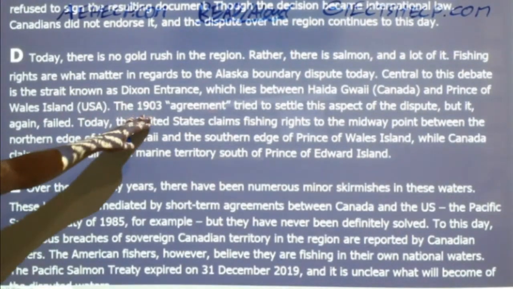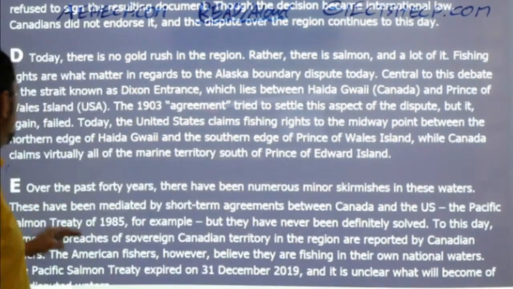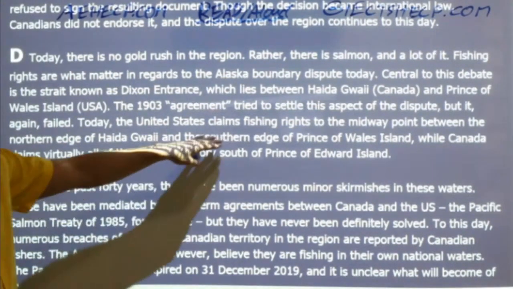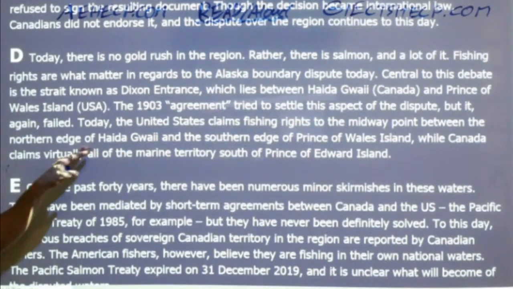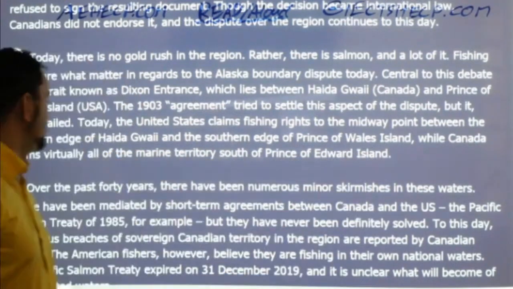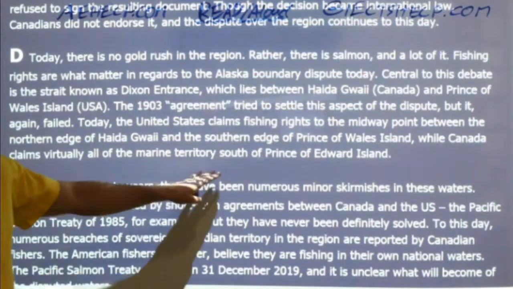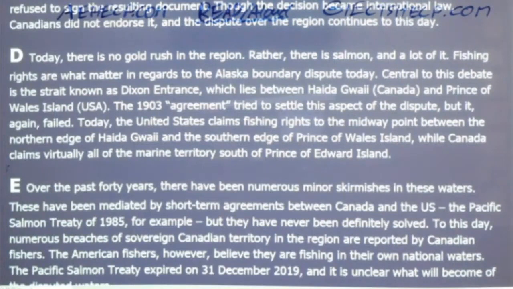The 1903 agreement tried to settle this aspect of the dispute, but it again failed. Today, the United States claims fishing rights to the midway point between the northern edge of Haida Gwaii and the southern edge of Prince of Wales Island, while Canada claims virtually all of the marine territory south of Prince of Edward Island. All right.